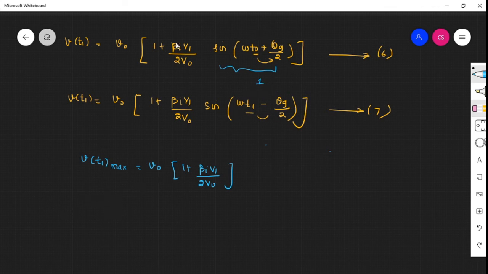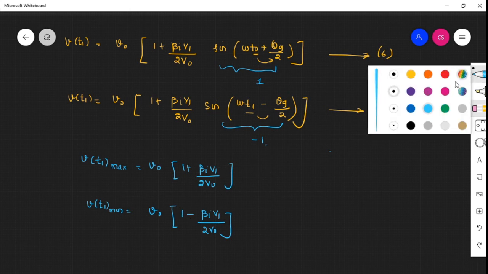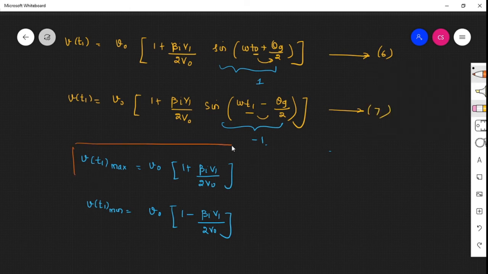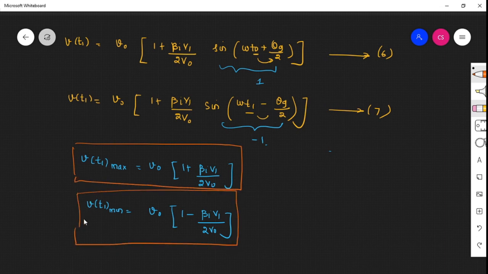Similarly, the minimum value the velocity of the electron can take is v0 into 1 minus beta I V1 by 2 V0. This is once again because the minimum value sine theta can take is minus 1, and therefore here we get a minus sign. So these are the equations for the maximum and minimum values of the velocity the electron can take. Let these be equation number 8 and equation number 9.